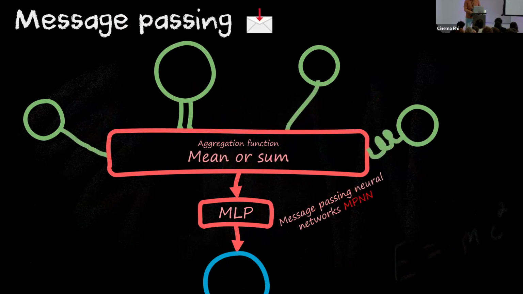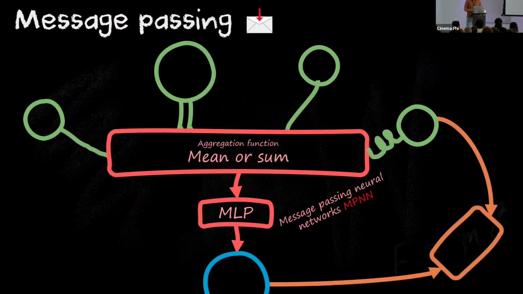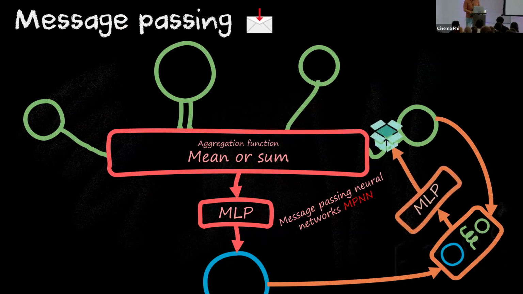Another architecture that is usually the one that works best in molecules is called the MPNN, where both the sending node and the receiving node and the edges in between go together into an MLP, and that MLP decides the message. What's different here is that the function is no longer a function of the node, but becomes a function of the edges based on the two nodes that connect it.